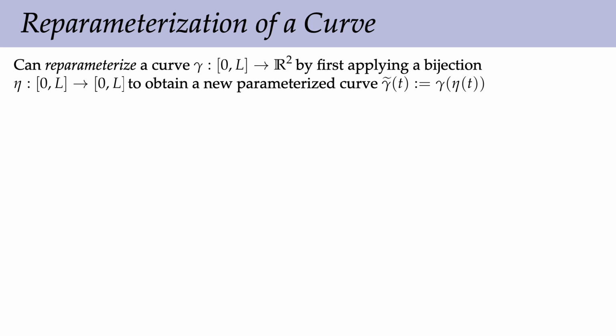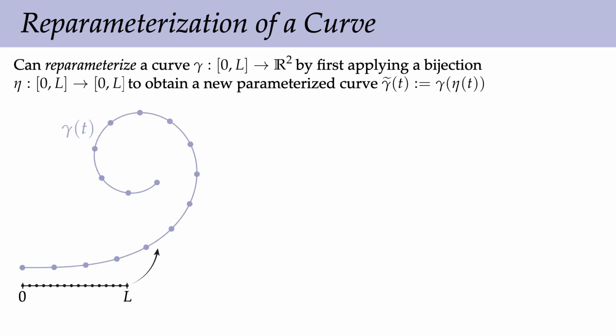This all becomes a lot clearer if we draw some pictures. So let's say I have this curve gamma, and I've marked some points on the interval 0 to L that get mapped to points in the plane. What you notice here is that this is not an arc length parameterization, but at least a constant speed parameterization. I have equally spaced points on the interval, and those get mapped to equally spaced points on the curve. I can cook up another map, gamma tilde, that describes exactly the same curve, but is parameterized a different way, where I move faster and slower along this interval.